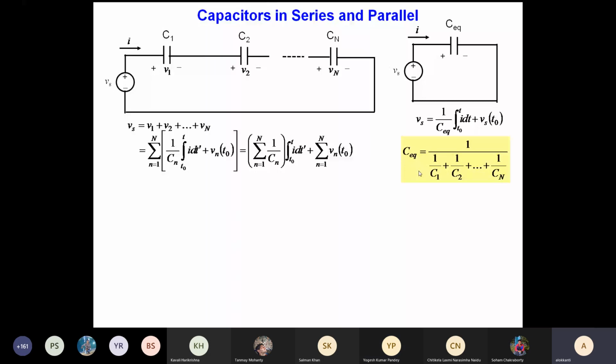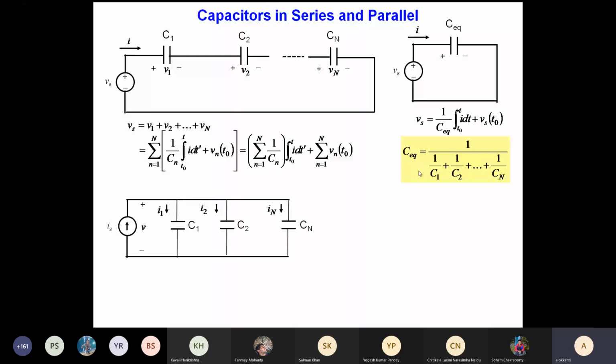Similarly, you can have the capacitors in parallel, and we can get the equivalent. In the case of capacitors in parallel, the equivalent is given by the direct summation. Just adding the values of parallel capacitors gives the equivalent capacitance.